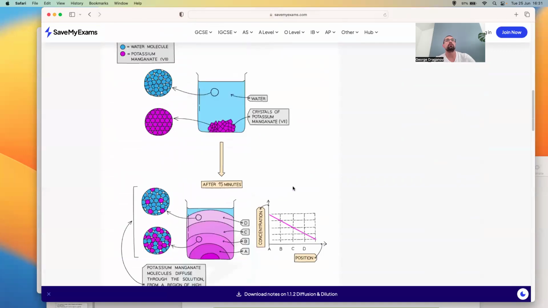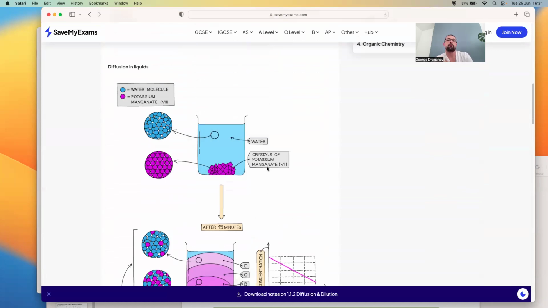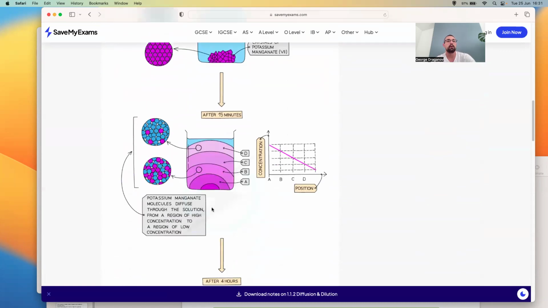Now you can also have diffusion in a liquid. If you have some potassium manganate crystals in water, that has been a common exam question. What happens over time is that the potassium manganate diffuses from a high concentration to a lower concentration. So it'll gradually get less purple at the bottom and more purple towards the top.